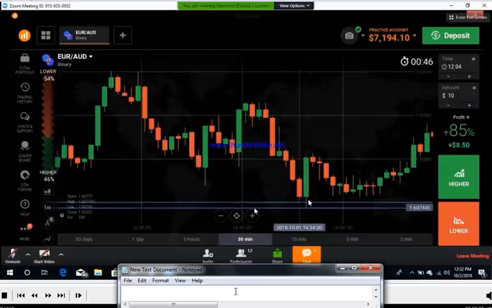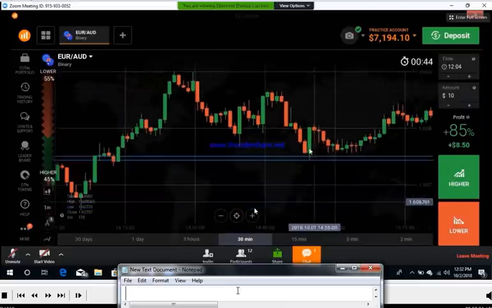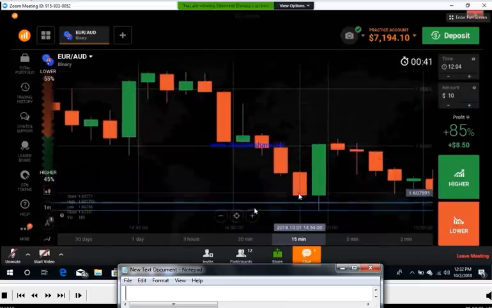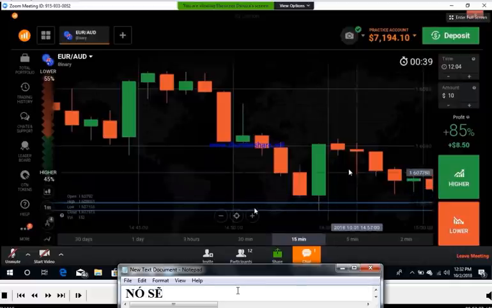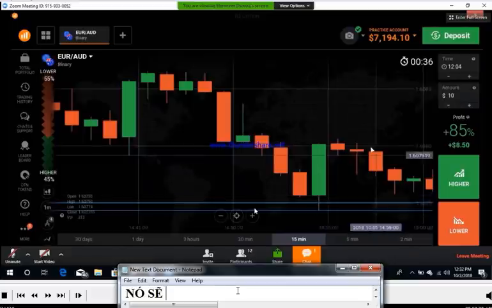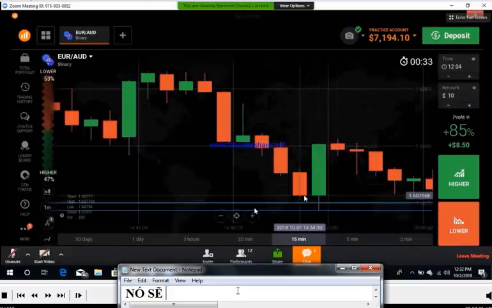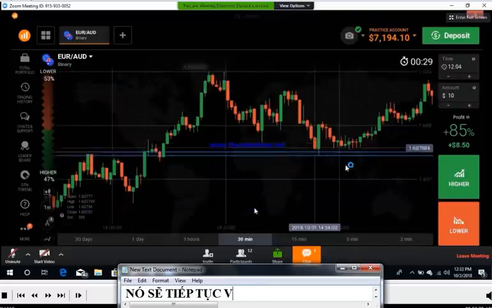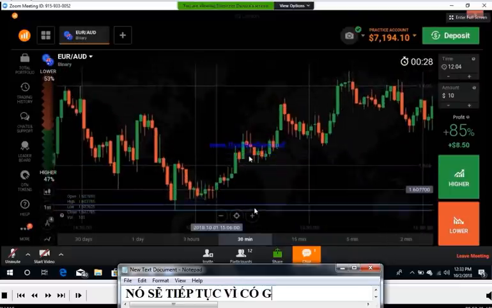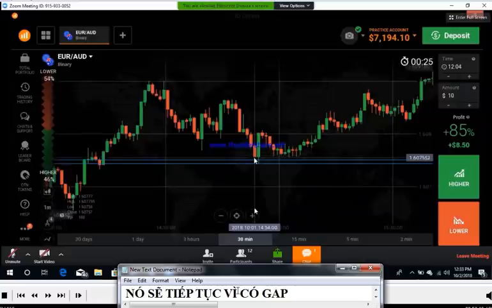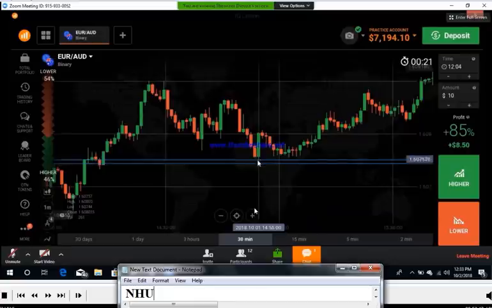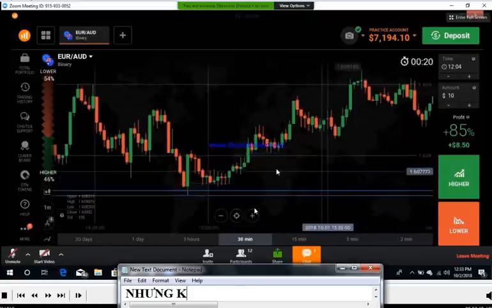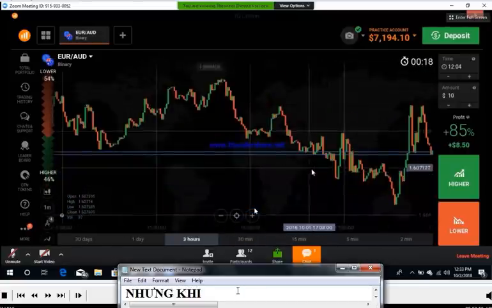If you see one confirmation, you can trade here, but there is some gap. It means again there is a chance to form a candle like this or like this, because there is some gap between the level and the candle. But most of the time when the candle didn't touch this level, it will reverse from this level. Most of the time it will work like this.